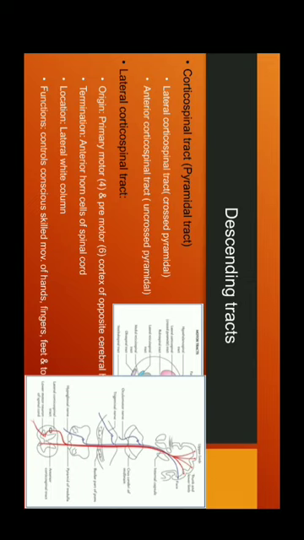Why does this happen? The upper motor neuron influences the lower motor neuron. So when these fibers are cut, the inhibitory signals from above are lost. So the lower motor neuron gets hyperactive, and the tone of the muscle is increased, leading to spastic paralysis.